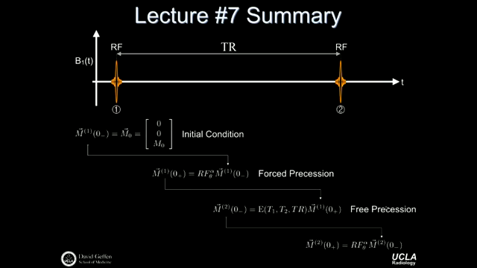We treat everything in the rotating frame, and now we just want to describe what happens to the bulk magnetization as time elapses. And we could see that the transverse magnetization decays, and the MZ magnetization tries to get back to its equilibrium point. And in one sense, we could describe that explicitly as this relaxation operator. It's this homogeneous matrix operator that had some T1 and T2 terms in it.